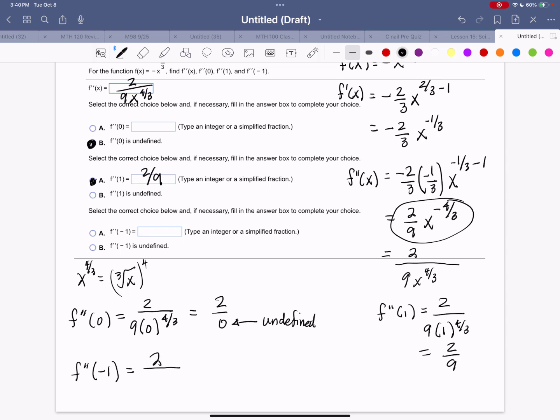It's 2/9 times -1 to the 4/3. Since we're taking the cube root, it's going to be negative, but then we're going to raise it to the 4th. It's going to be positive. So that is also going to be 2/9. So look, I did the cube root of -1, then I raised it to the 4th, is -1 to an even power. It's going to be a positive 1. So 9 times 1 is where I got the 9.